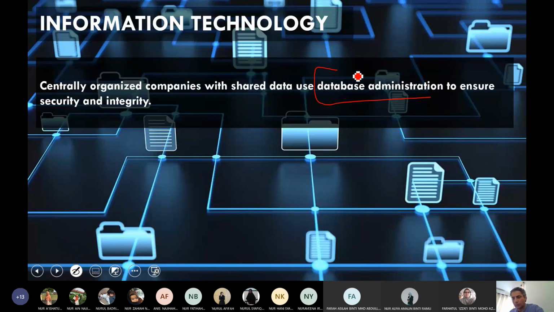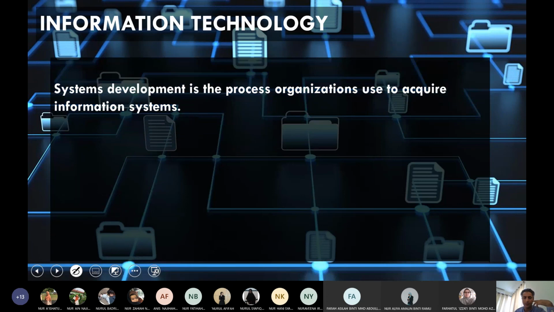We mainly focus on database administration to ensure the security and integrity of data. Later on, we will explain it in a specific chapter.